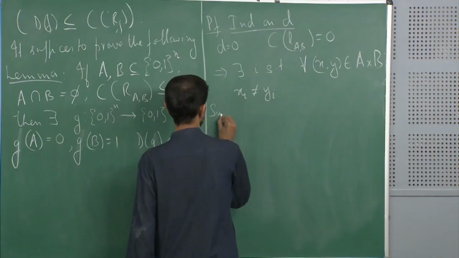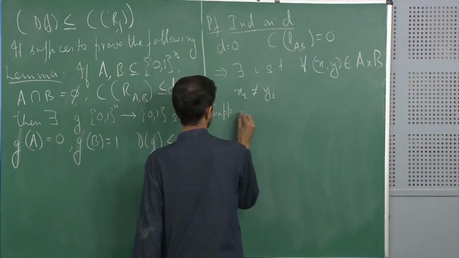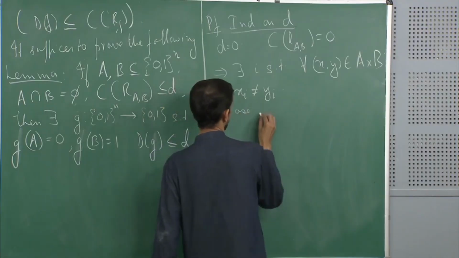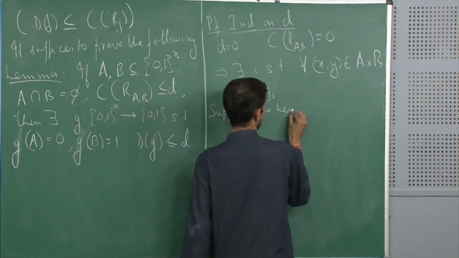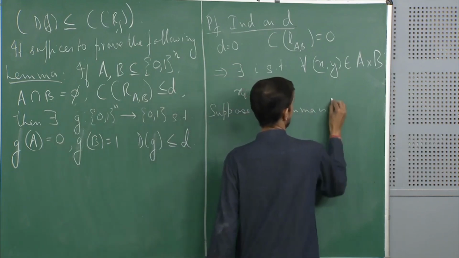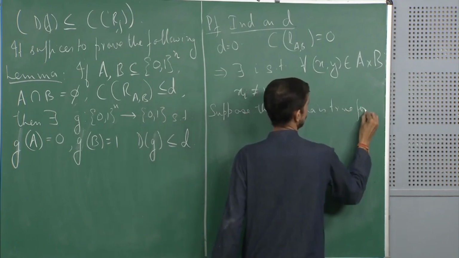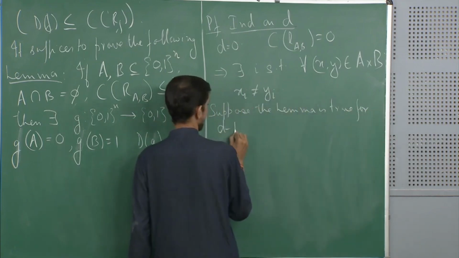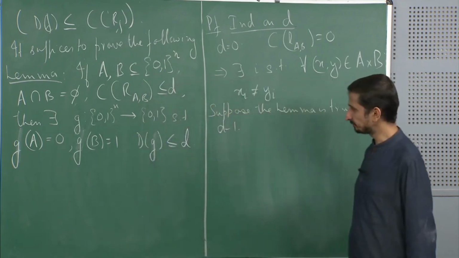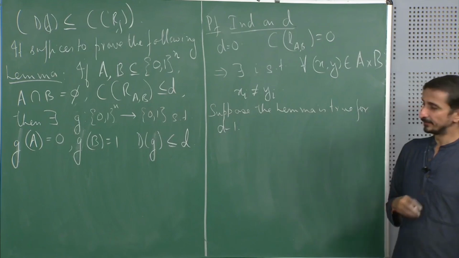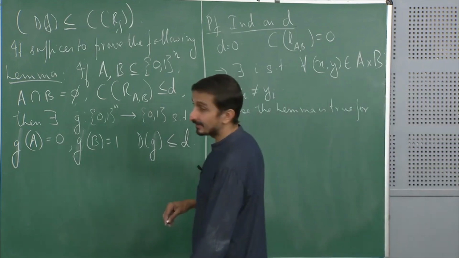Now suppose the lemma is true for D minus 1. Now we have to prove it for D. So what do we have?